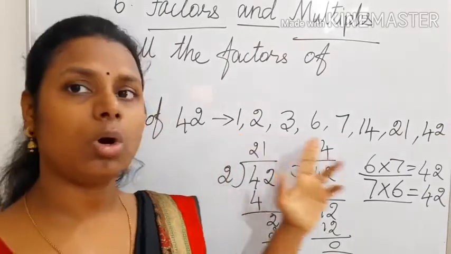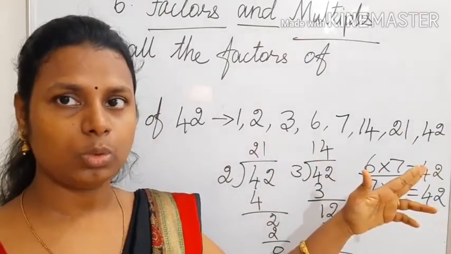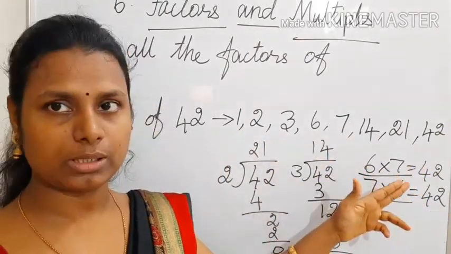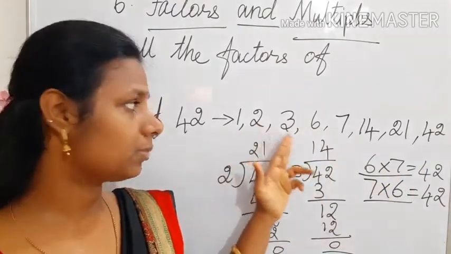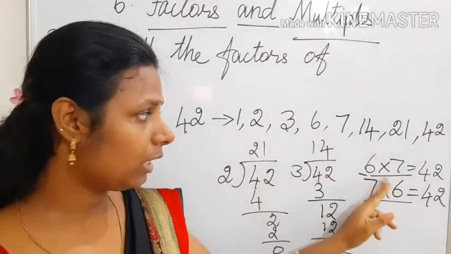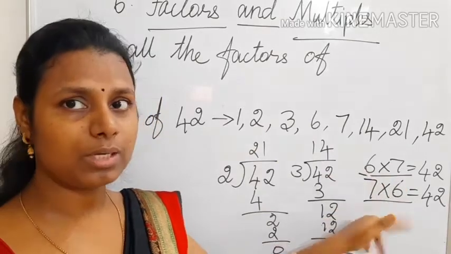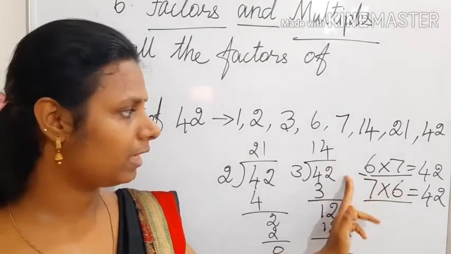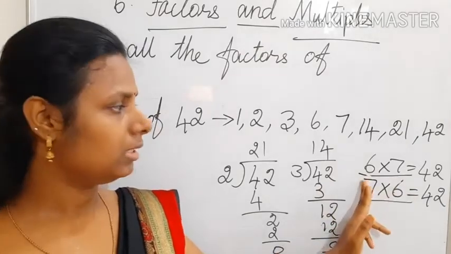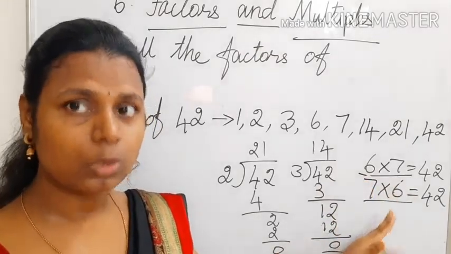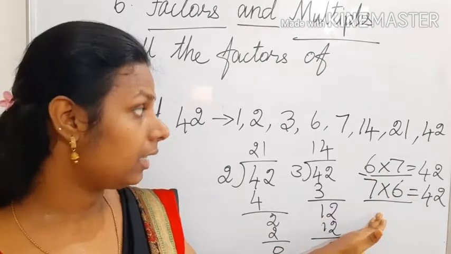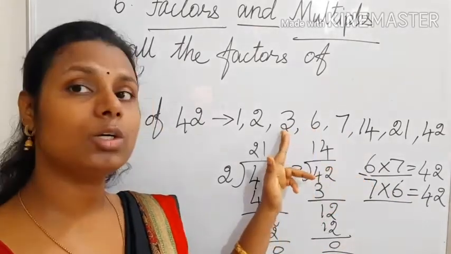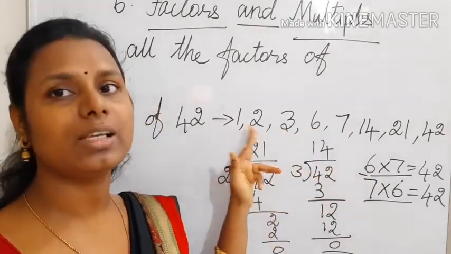So no need to say all the tables. Just say as much as possible. When you get this kind of same number repeated, the divisor as a quotient and the quotient as a divisor, you can stop there. After that, you can write the quotients of these divisors.